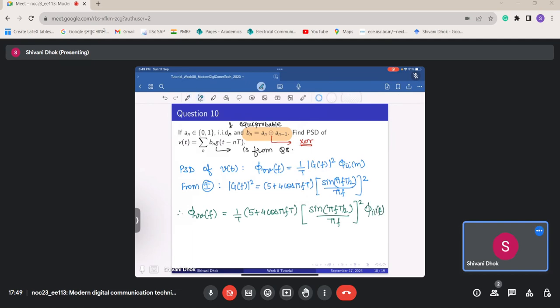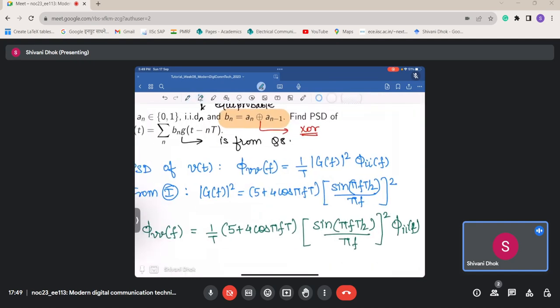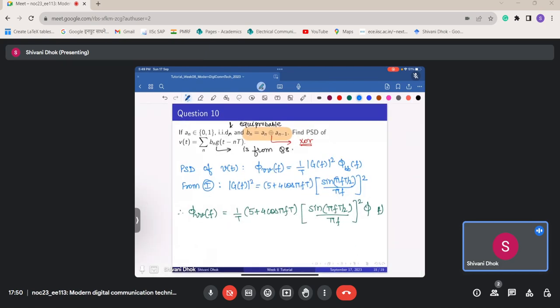This is not m, this is f, sorry. Now we need to find phi I of f, or let me be very precise. Here the information carrying signal is not I, it is B, so I'll write it as phi BB of f.